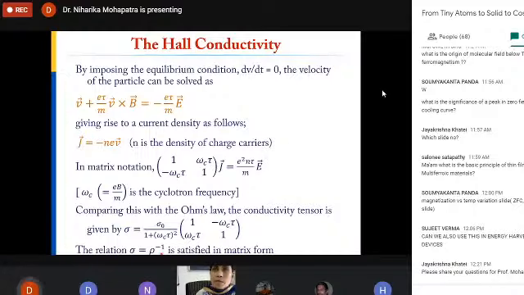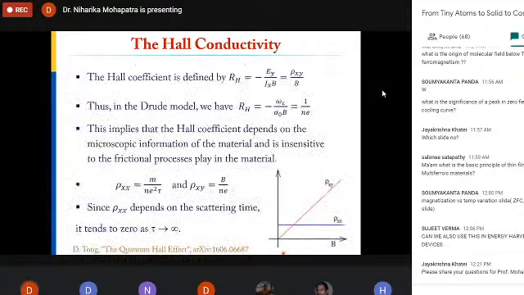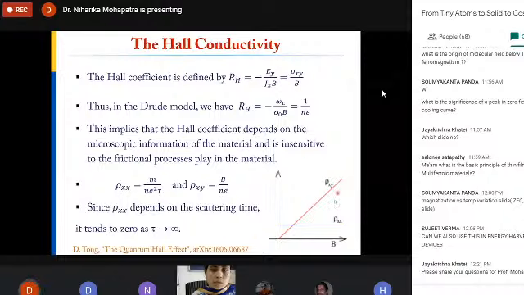Remember this. Later on I will show you in which case this relation is violated. That I will show you when we discuss the quantum Hall effect. Okay, so simply from this relation you can find the Hall resistivity as minus 1 by Ne, and rho xx to be constant.